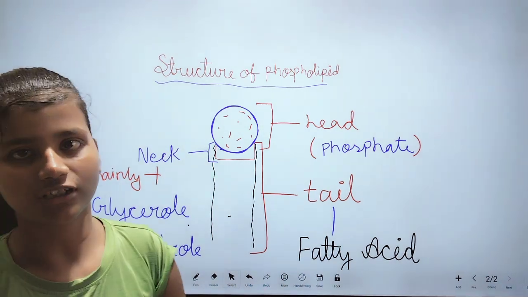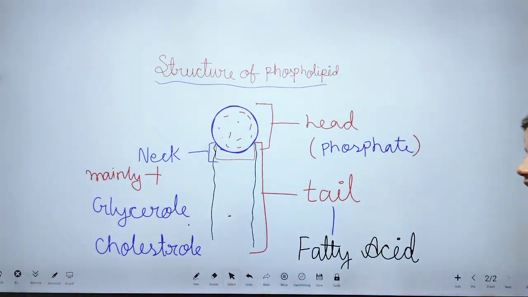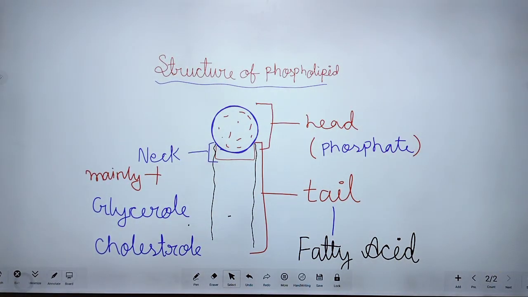The head region is made up of phosphate, the neck region is mainly made up of cholesterol or glycerol, and the tail region is made up of fatty acid.